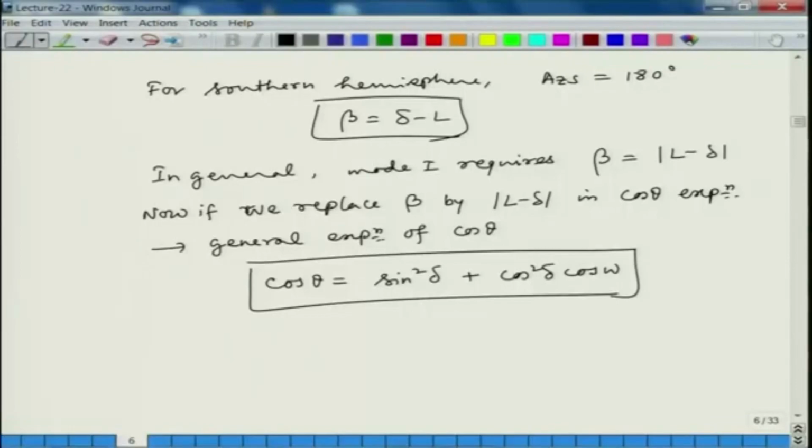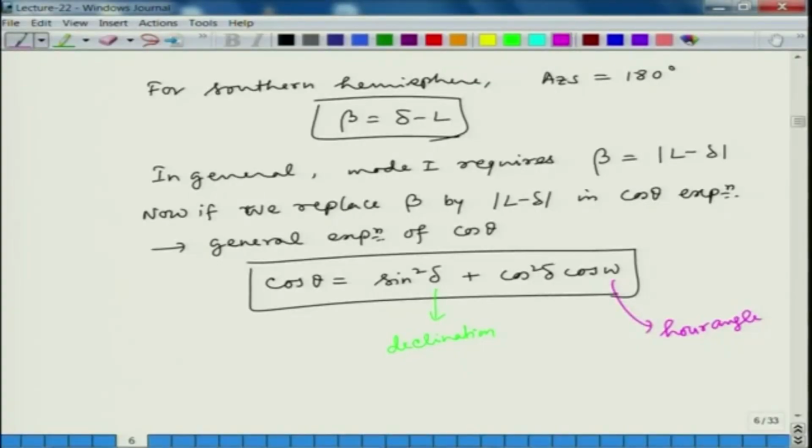Okay. So, here you can see that it is dependent on only two things. One is the declination, the other one is the hour angle. The time of the day gives you the hour angle, and declination depends on which day you are at.